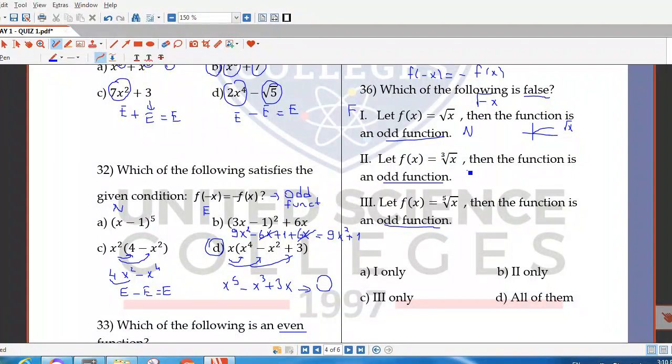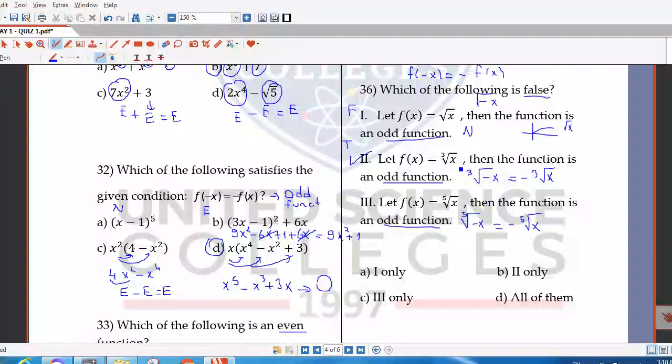Cube root of x. If we plug negative x, because of odd degree, minus can be taken outside. So we can see the property of odd function, minus in the beginning can be taken outside. So it is okay with the property of odd function. So it is a true statement. Fifth root of x, if we write again negative x, because of odd degree, minus can be taken outside.